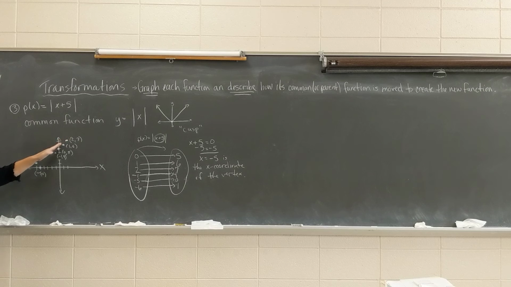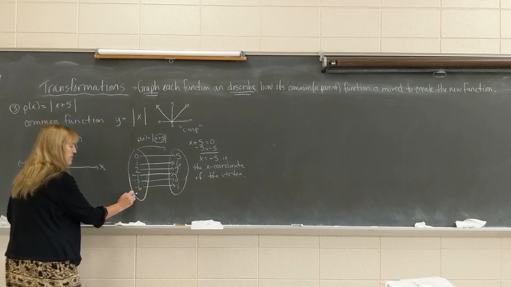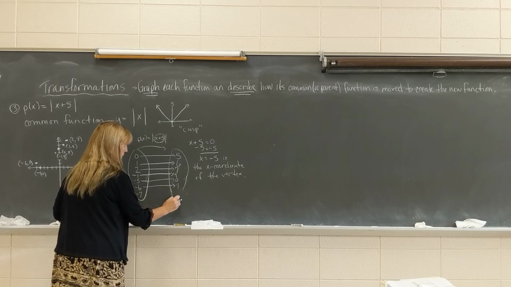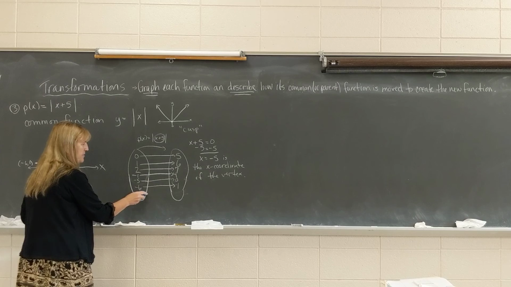This function is going to decrease until it hits its vertex, and then, well, I shouldn't say that actually, because from the vertex forward, we always look at a graph from left to right. So this function from negative 5, 0 is increasing to the right, but from the left, coming towards negative 5, the function will be decreasing. So we can pick another number, just negative 7 or something, put negative 7 into your domain, and figure out what range element pops out.